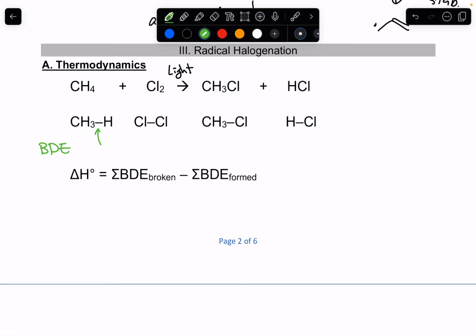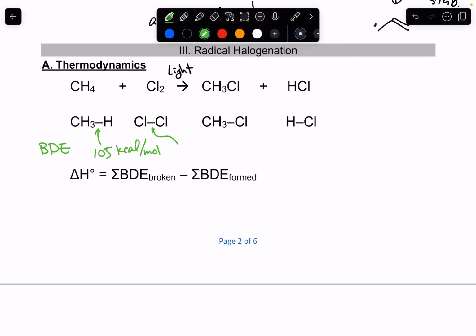In methane, the C-H bond has about 105 kilocal per mole of bond dissociation energy. That just means if you want to break that bond by sheer energy, it takes about that much energy, 105 kilocal per mole. It's really a way of describing how strong a bond is.